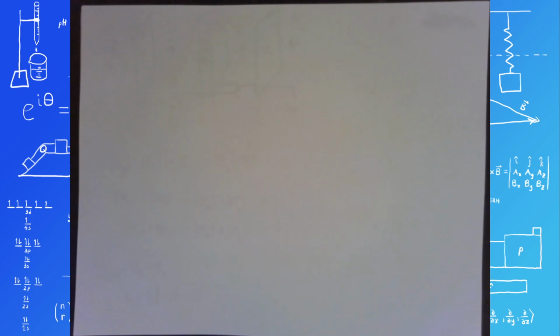Capacitance. What do I want to do as far as capacitance is concerned? I guess we can start off by defining capacitance. Let's go ahead and do that. So, defining capacitance.